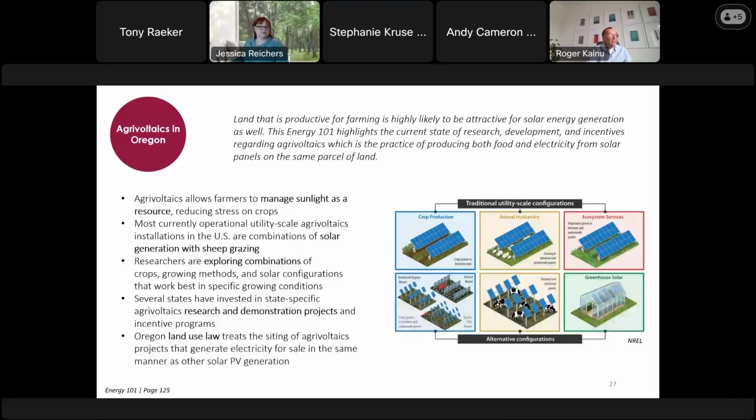Potential benefits to farmers and ranchers include irrigation water savings, beneficial shade for crops and livestock, creation of microclimates that protect crops from frost and weather damage, energy generation to power farm operations, and/or income from selling power. So those are some amazing benefits that we can look at with agrivoltaics.